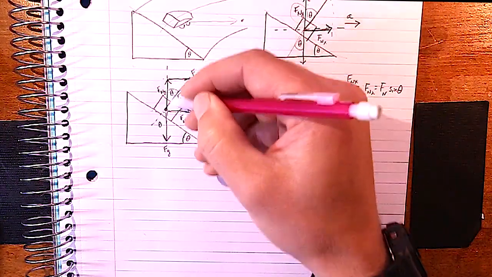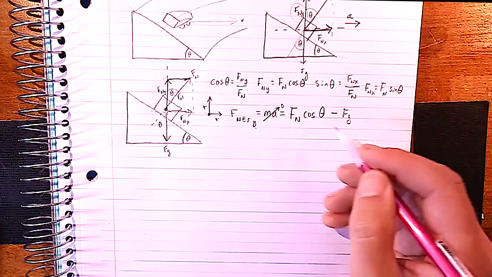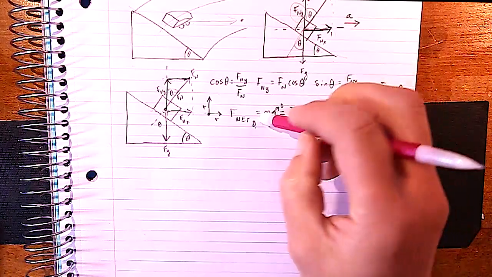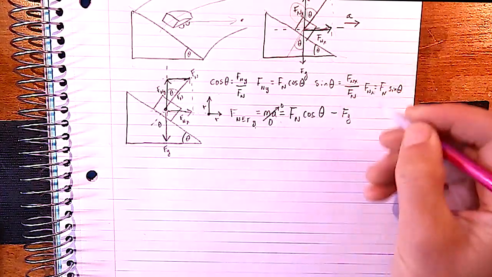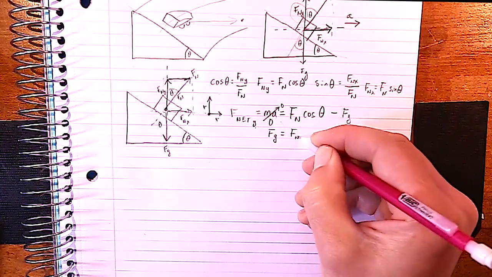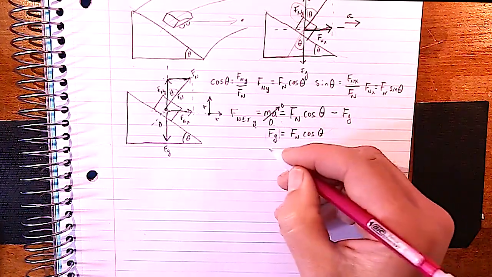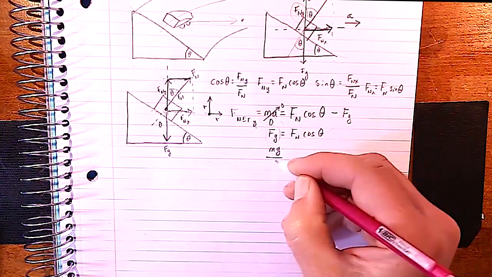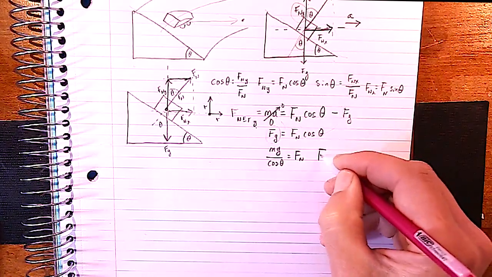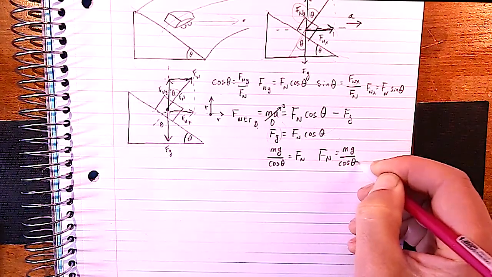It's not accelerating this way or this way, so that drops out to be 0. And we're solving for Fn, so we can bring this mg to the other side because that's 0. So bringing that over, that becomes Fg equals Fn cos theta. And if we bring this cosine theta over here and replace this with mg, we have mg over cos theta equals Fn. And I'm just going to flip this to the other side and write it as Fn is equal to mg over cos theta.